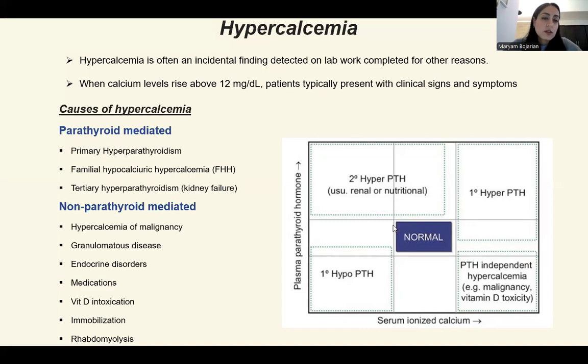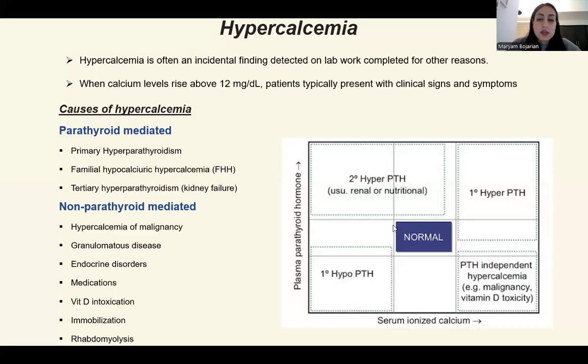And non-parathyroid mediated is if the patient has hypercalcemia of malignancy, we'll talk about it later, and granulomatous disease, and endocrine disorders in this category. We do have severe hyperthyroidism, adrenal insufficiency, acromegaly, pheochromocytoma.